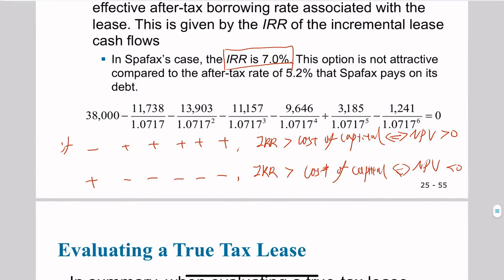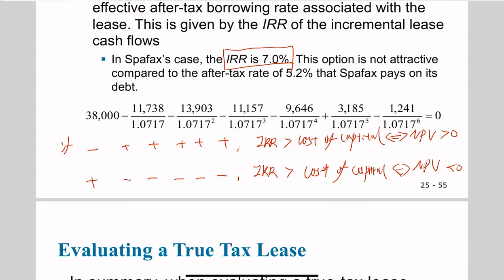So you have to be careful with how to use IRR rules, right? It really depends on the sign of cash flows, most importantly, the initial date of your cash flow. If your initial date cash flow is a cash outflow, then if IRR is larger than the cost of capital, this is a desirable project because its NPV is larger than 0.